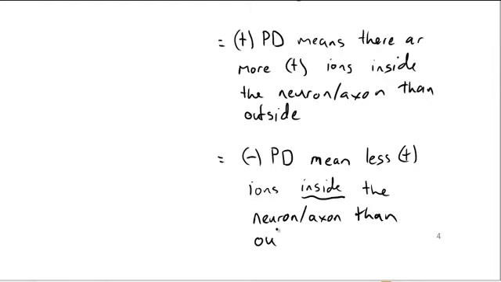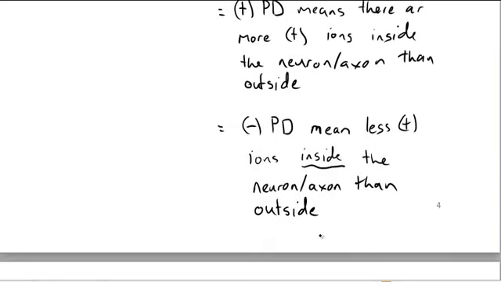So whether we're talking positive or negative potential difference, we're really just talking about where are there more positive ions. If there's more positives inside, it's a positive potential difference. If there's less positives inside, it's a negative potential difference. Okay? And that potential difference is setting up the situation where we can cause an electrical current to travel very quickly down the neuron.